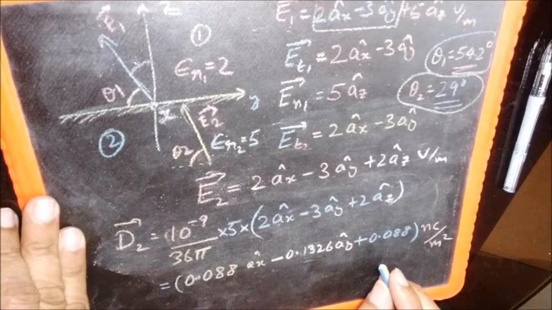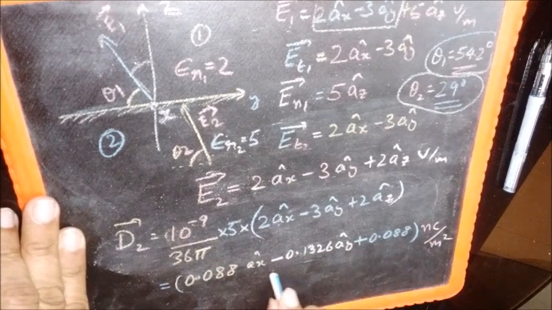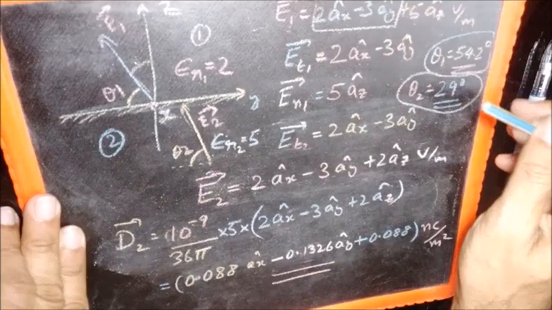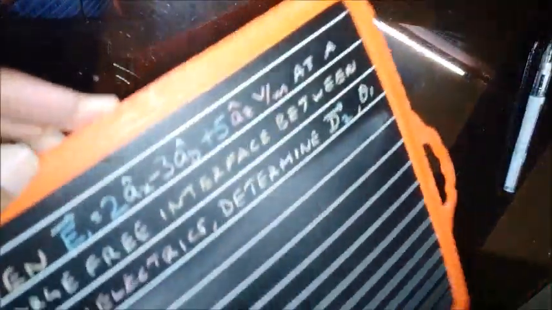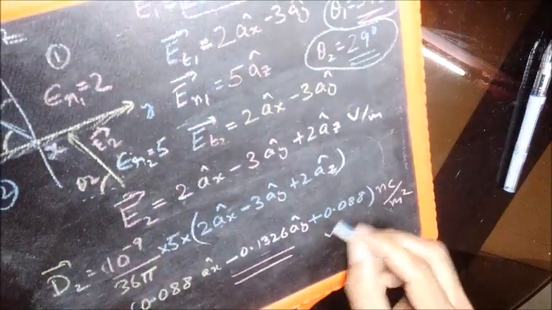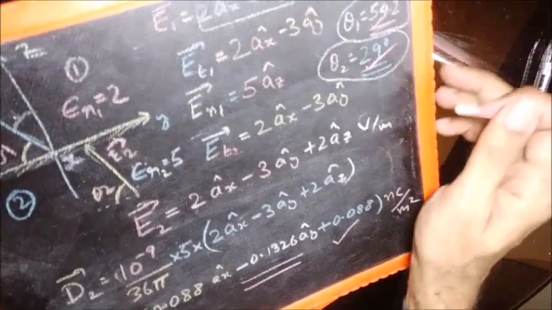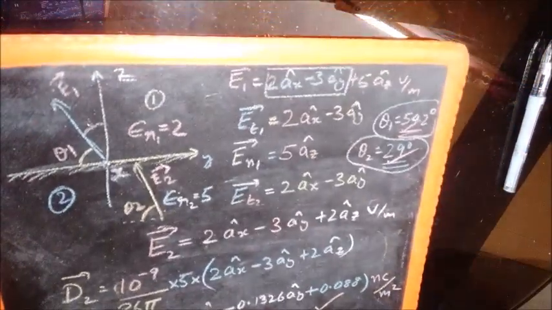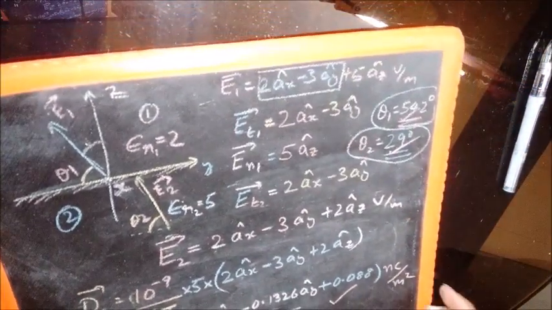So nano coulomb per meter square, that is the answer. The question was to find D2, theta 1 and theta 2. We have D2 here, theta 1 here and theta 2 here. So that completes our solution of the first question.